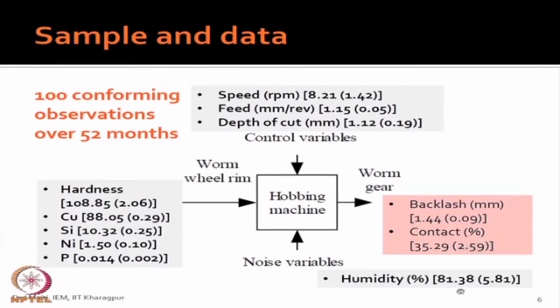Similarly, humidity all over the year is 80.38, that is the mean value, and 5.87 is the standard deviation. Here the standard deviations are 8.21, 1.42, and 8.2 is the mean value for speed, similarly feed and similarly depth of cut.